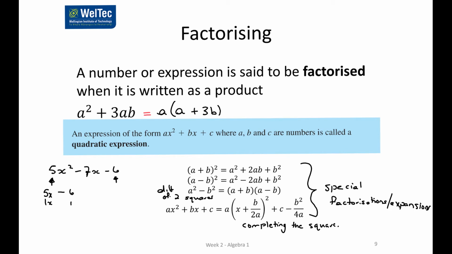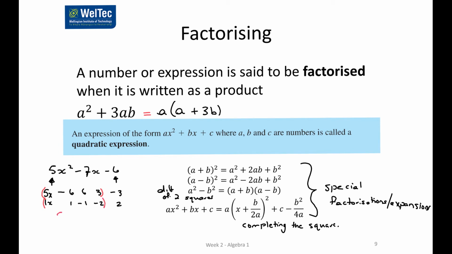And then the factors of -6: -6 and 1, 6 and -1, 3 and -2, and -3 and 2. What we'd have to do is try pairs until we got the right answer. I know what the answer is, so I'm just going to skip to it so I don't take up too much space. I'm going to choose 5x and 3 and 1x and -2.